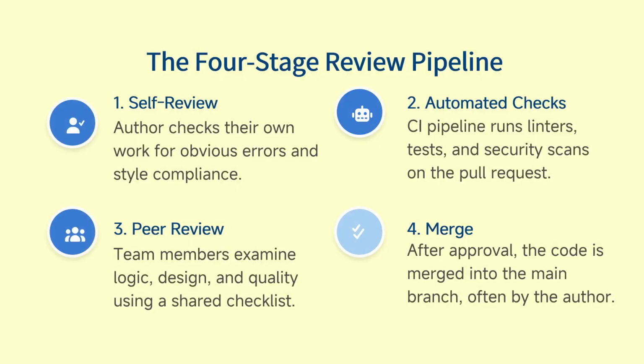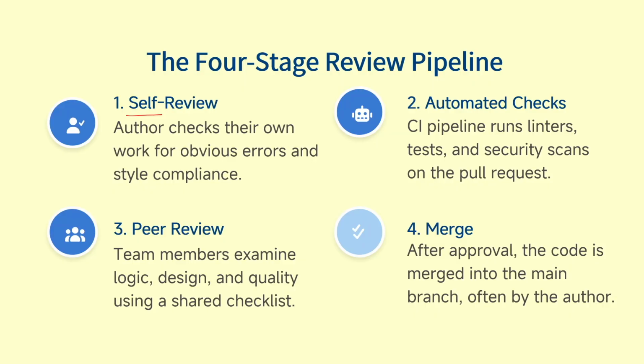There are 4 different stages in the review pipeline. The first one is the self review. By the name we can understand that it is done by the author himself, which means the developer who has already implemented the code will be doing the review himself.